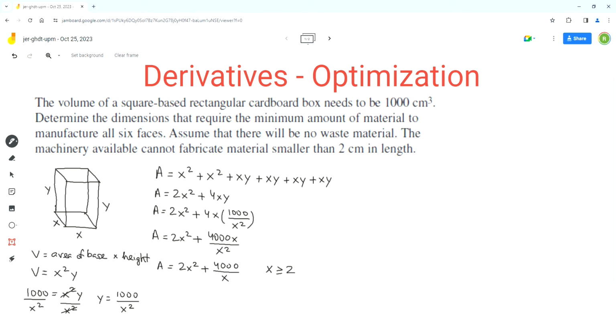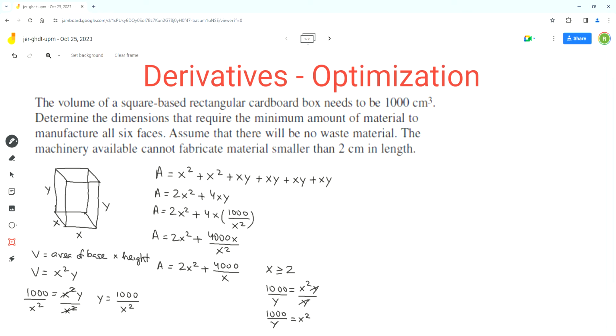So there is no maximum value for x, because if we isolate x from the volume equation, the volume equation we got is 1000 equals x squared y, and if we isolate x in this equation, we divide both sides by y, so we get 1000 over y equals x squared. So as the value of y keeps on decreasing, the value of x will keep on increasing.